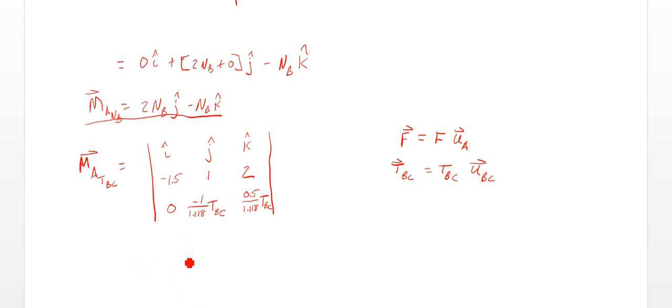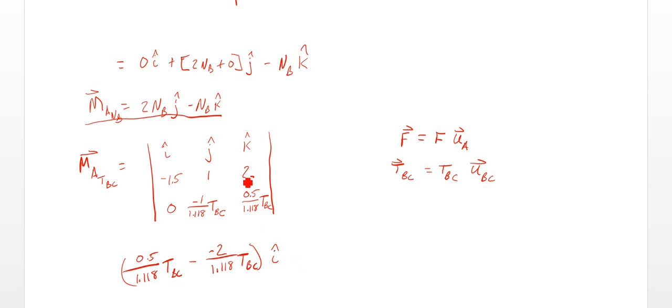Alright, so we're going to have now our position vector. This makes a little more sense. So in I, we're going to have 0.5 over 1.118 tension in BC minus a -2 over 1.118 tension BC, and that's all in the I direction. So we put our minus sign subtracting this way, and it's 2 times the negative sign, so there's our -2, or negative minus sign.